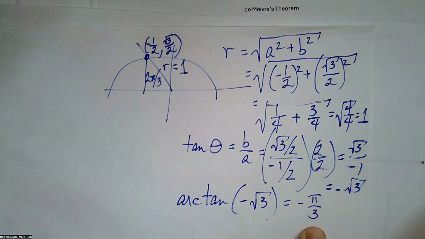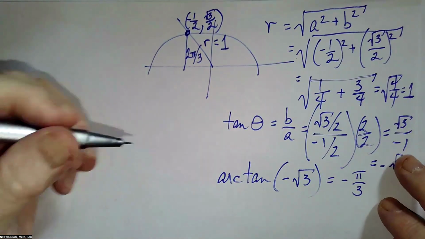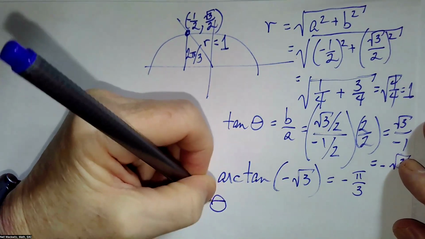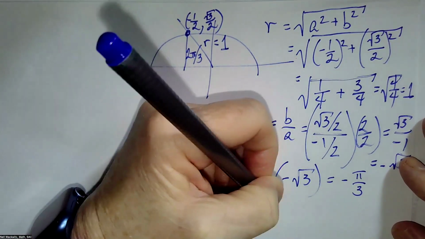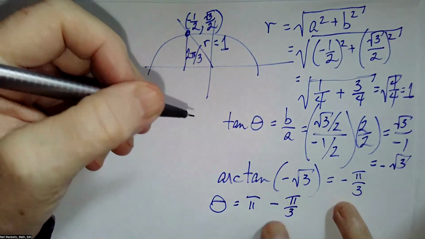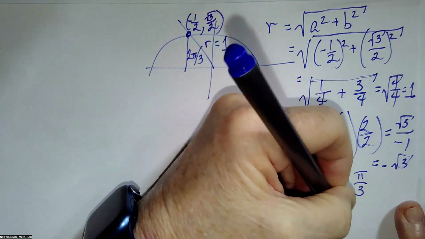It's negative, so I must be at negative pi over 3. To move it into the 2nd quadrant, we're going to subtract this value from pi, and we get 2 pi over 3.